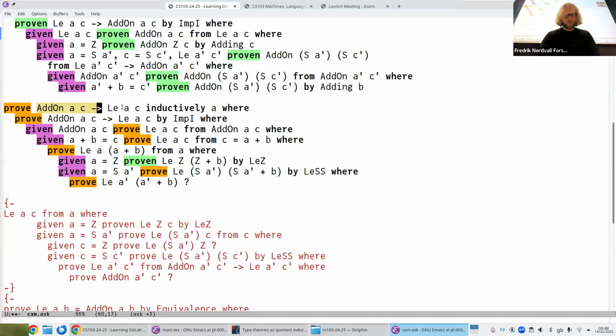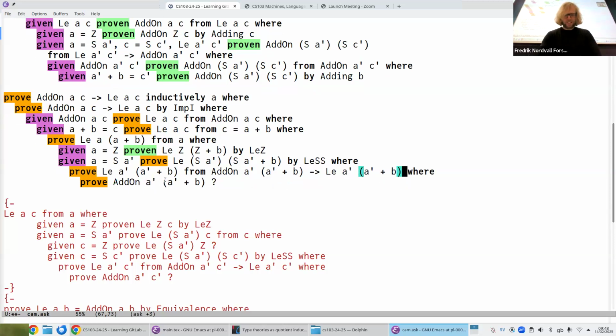So if I use the induction hypothesis, B is this. Okay, then it's enough to show this add-on, but that's an easy add-on to show, right?